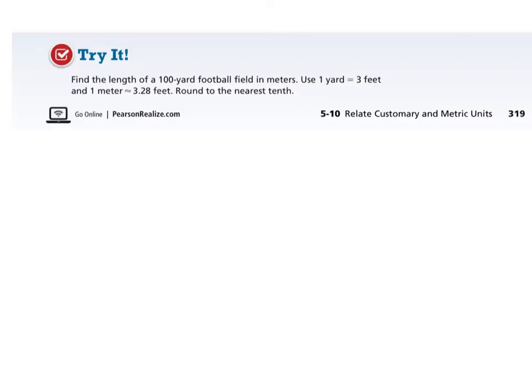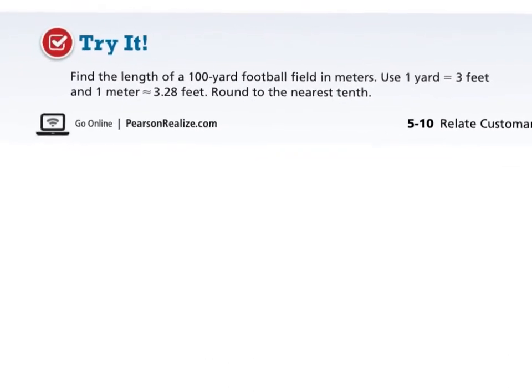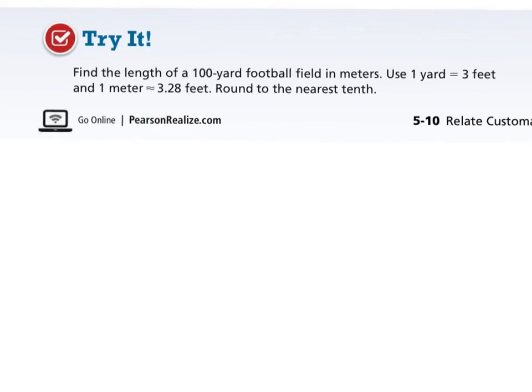So if we look at the try it, they want us to find the length of a 100-yard football field in meters, and they're giving us the conversions, and it says round to the nearest tenth. So it's 100 yards. We're trying to get it to meters. If you'll notice with the conversions, we don't have a conversion between yards and meters.